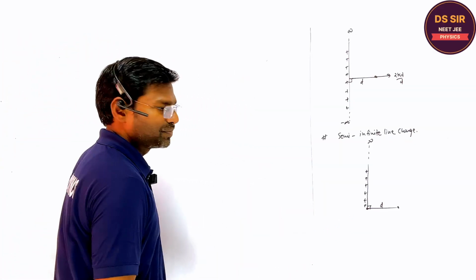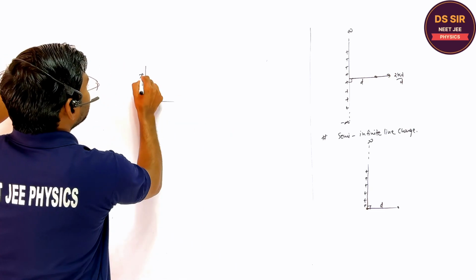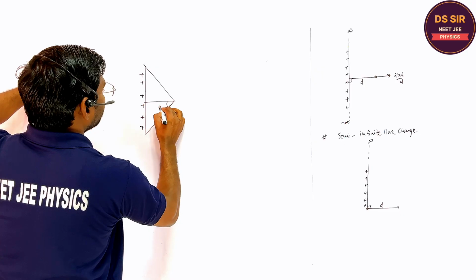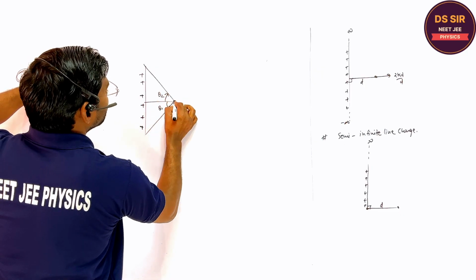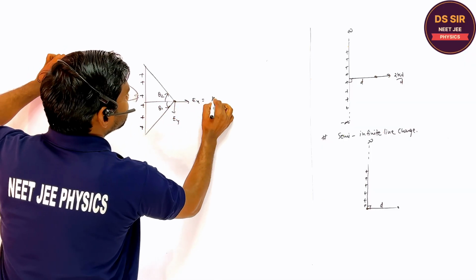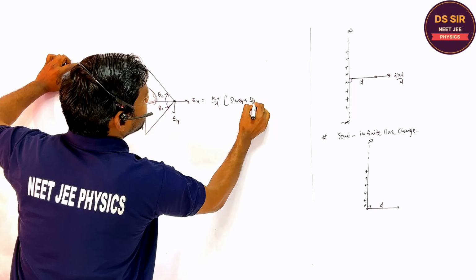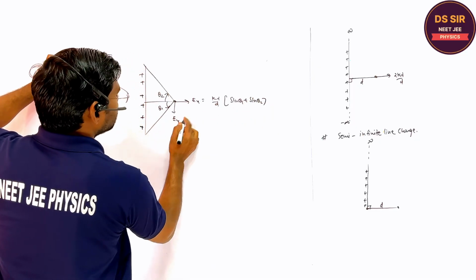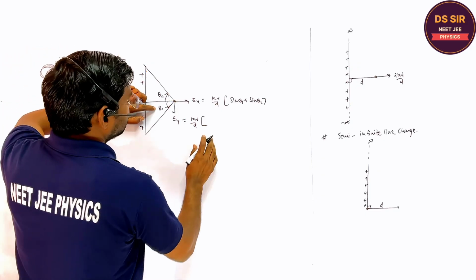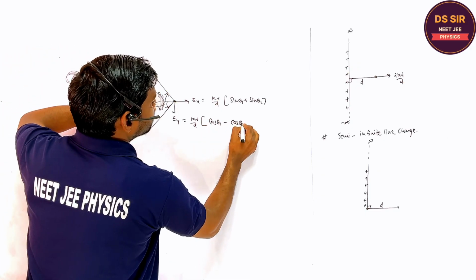Semi-infinite line charge. Tell me, if the line charge is extended like this, if this is theta 1 and this is theta 2, the Ex is this and the Ey is this. Ex is k lambda upon d times sine theta 1 plus sine theta 2, it is added. And Ey is k lambda upon d times cos theta 1 minus cos theta 2.